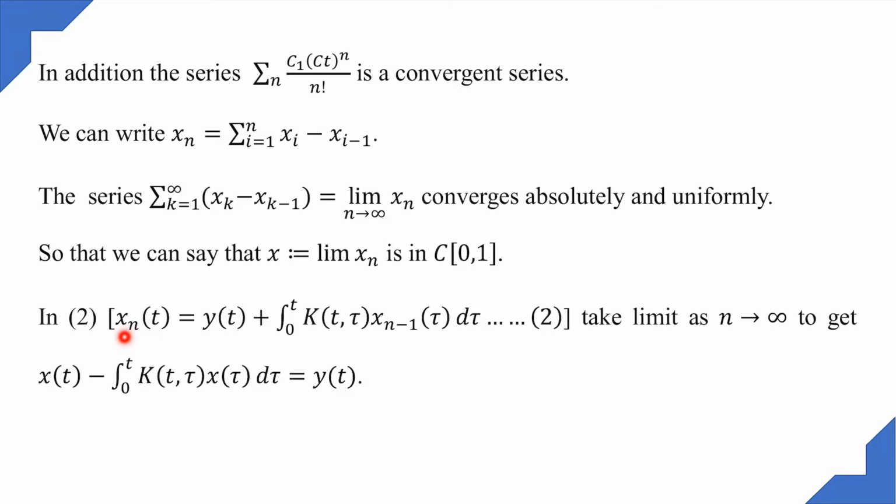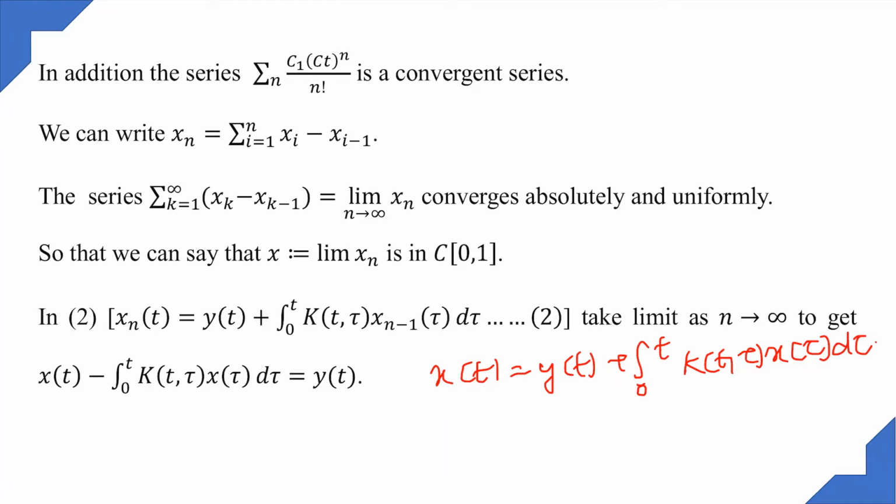So our equation 2 means xn of t is equal to y of t plus integral 0 to t k of t tau xn minus 1 of tau d tau. If in this equation we take limit as n goes to infinity, we will get x of t is equal to y of t plus integral 0 to t k of t tau x of tau d tau, or x of t minus integral 0 to t k of t tau x of tau d tau is equal to y of t.